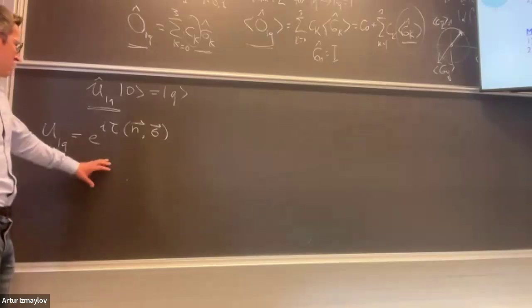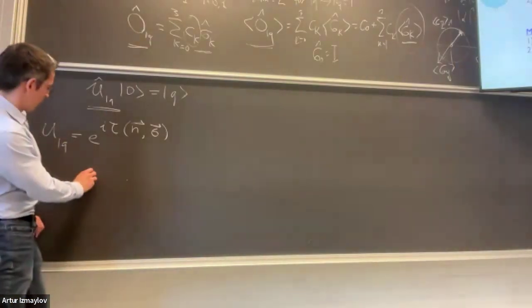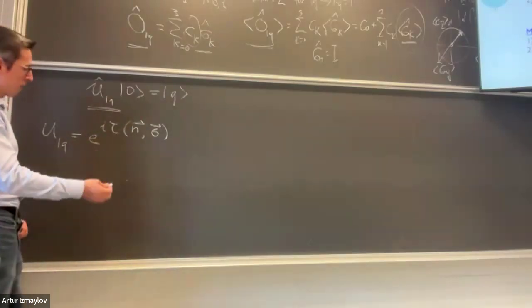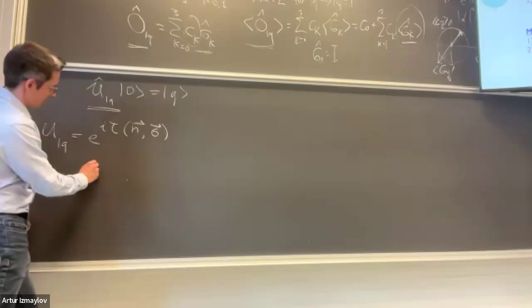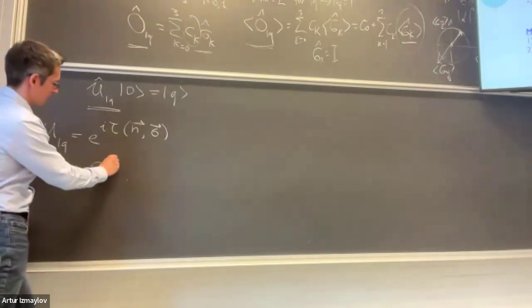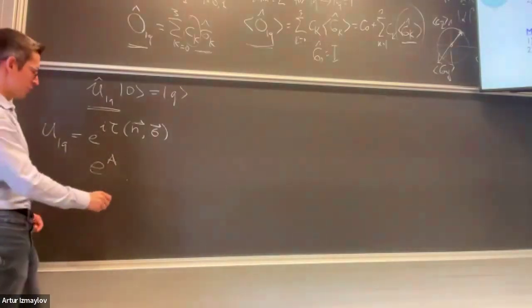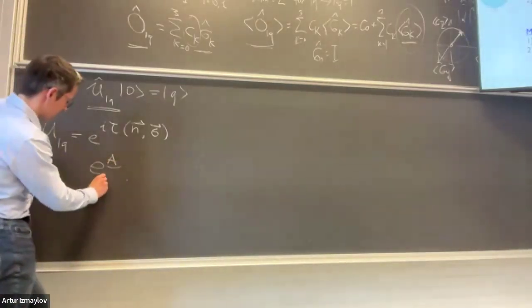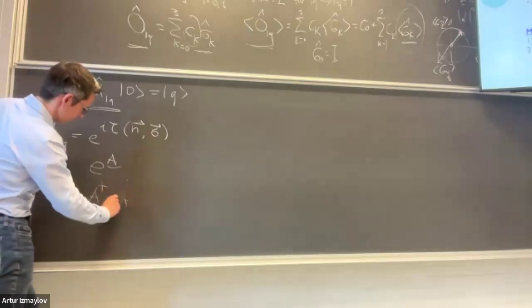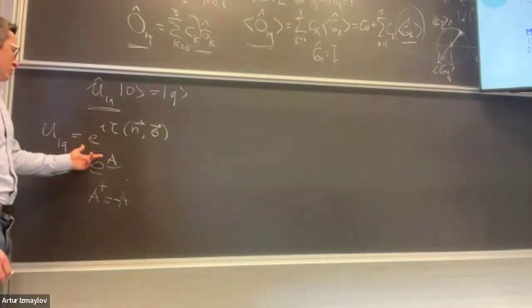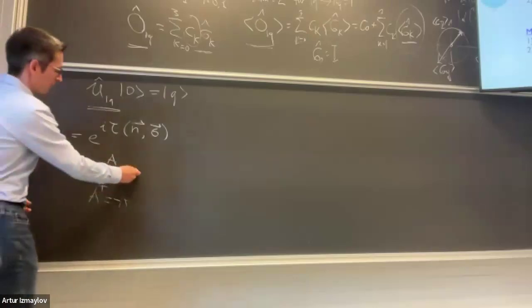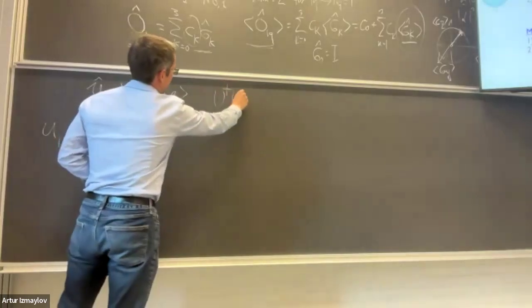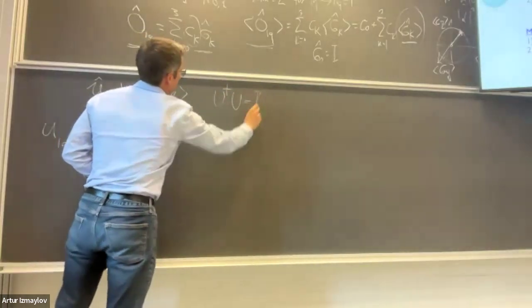And the idea here is very straightforward. First of all, any unitary, whether in the one qubit case or the multiple qubit case, can always be parameterized as an exponential function of the so-called anti-Hermitian generator, right? So A here is anti-Hermitian. Why do we need anti-Hermiticity here? Simply because any unitary has to satisfy the condition U dagger U equals identity.